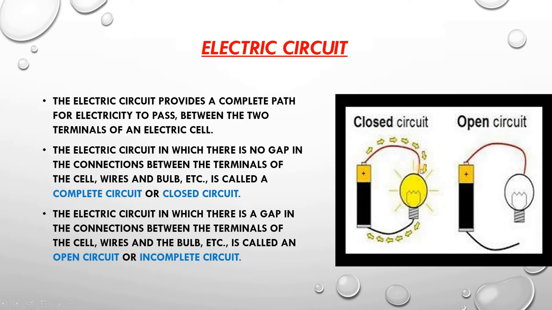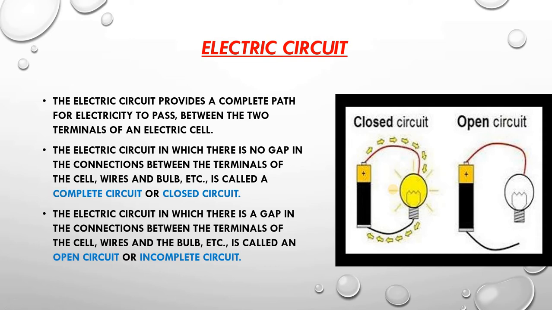Okay. So in an electric circuit, the direction of flow of electricity is taken from the positive terminal of the cell to the negative terminal of the cell, as shown in this figure by the arrows. Okay, here you see this is the path of the flow of electricity in a closed circuit.